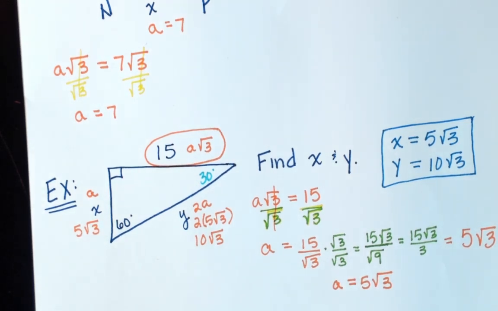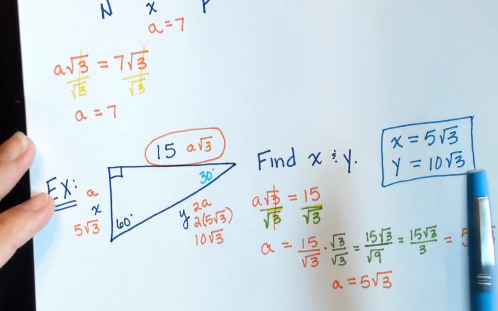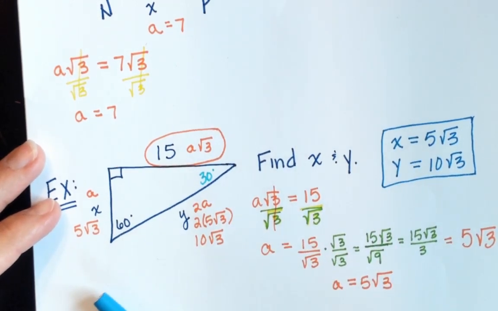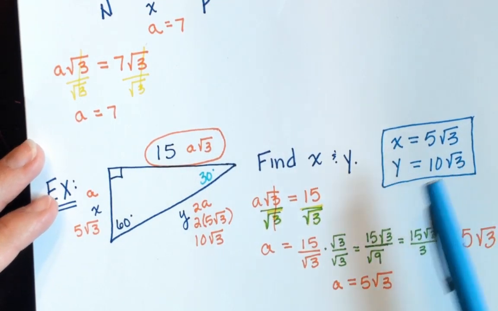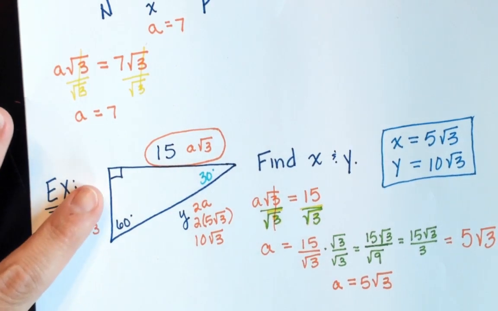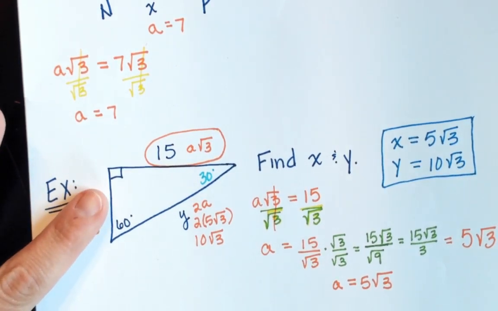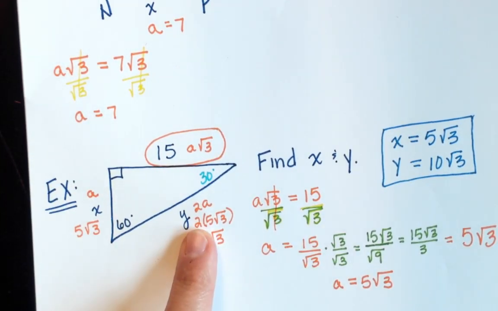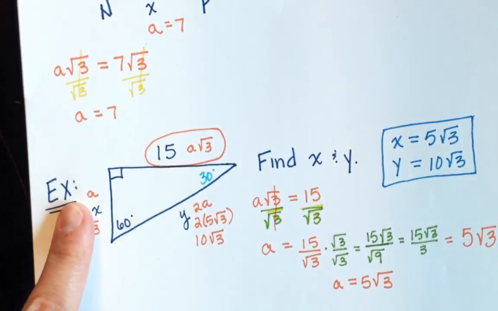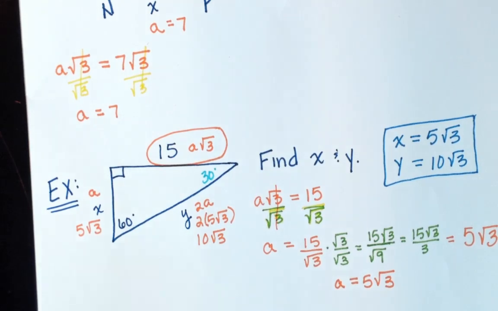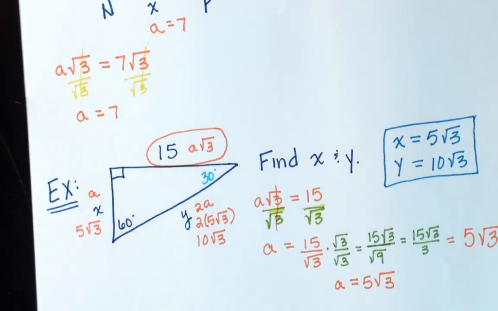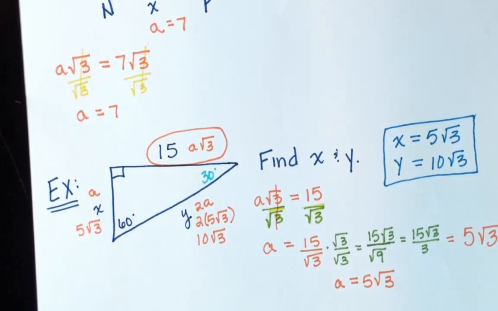They're not just the problem. Pay attention to what you've labeled. I've had a number of times people tell me that this side over here, because they're not paying attention, is 10 radical 3. This side is 5 radical 3. That makes no sense. This side is clearly shorter than this side, so the numbers should work. So proofread as you're going.